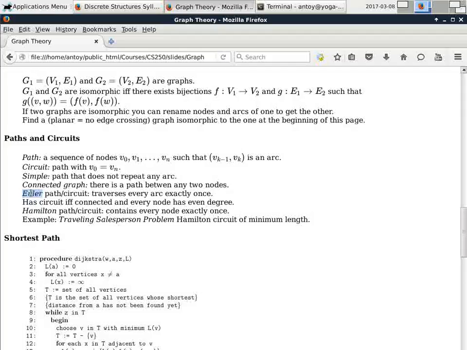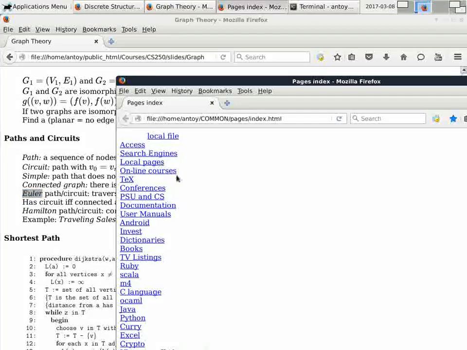And so, where is this coming from? Supposedly from the birth town of Euler.